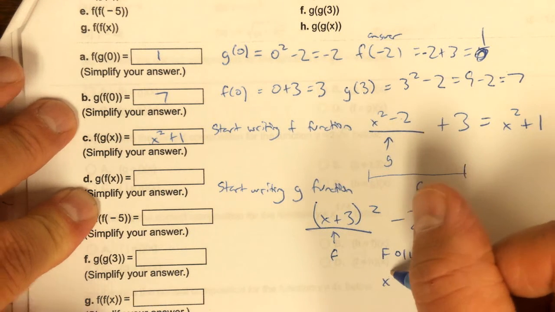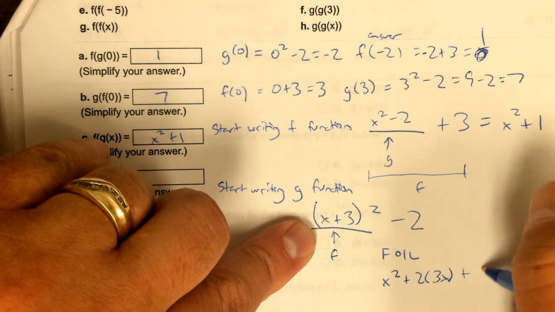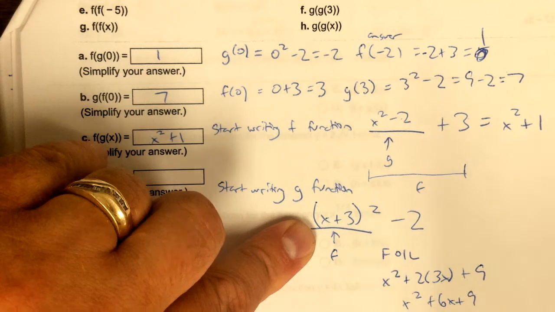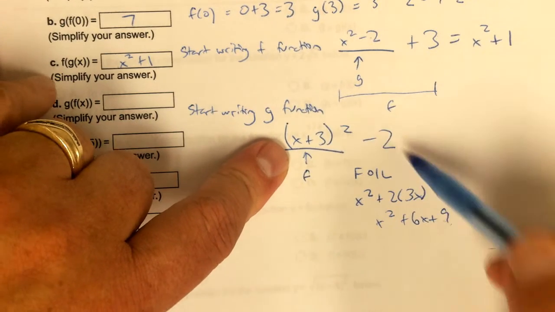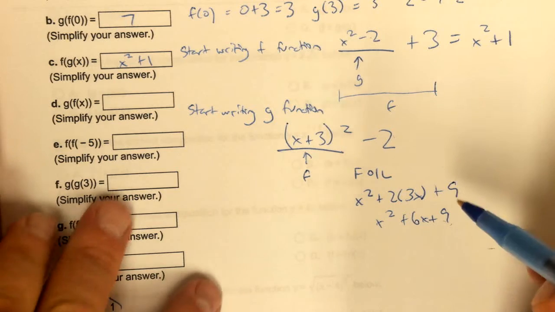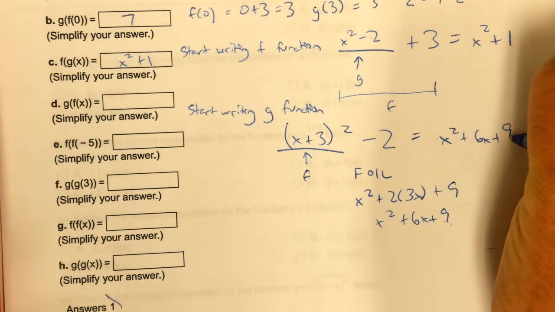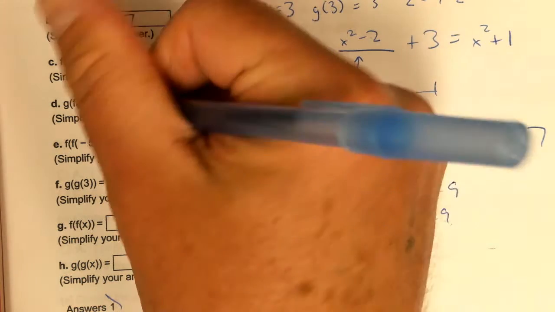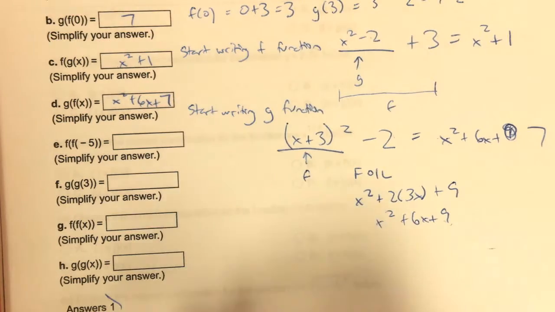And so you do x squared plus 2 times 3x plus 9, which is x squared plus 6x plus 9. Now, you also have to do your minus 2 to the back, and so that's going to be x squared plus 6x plus 9 minus 2, 7. Okay.